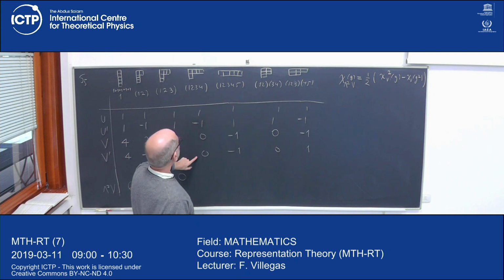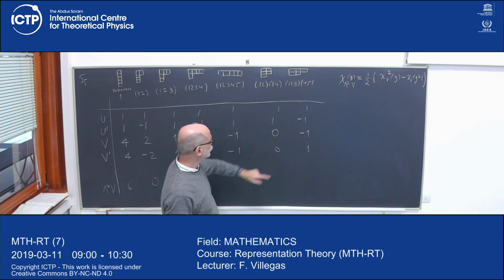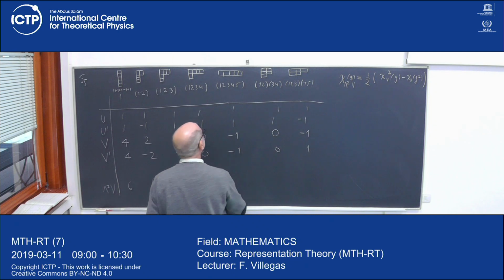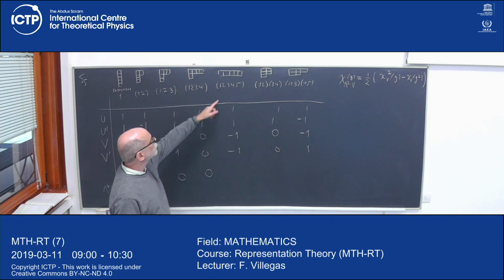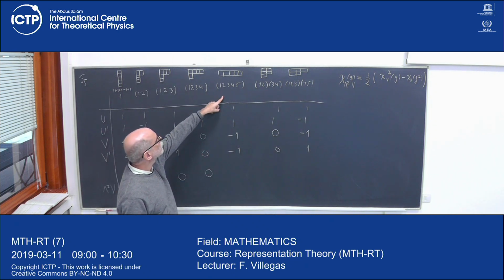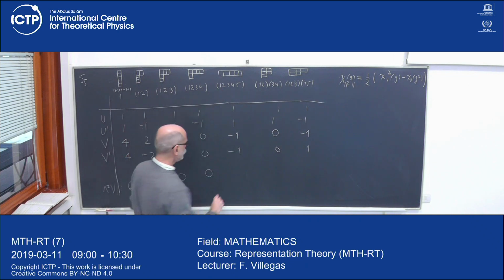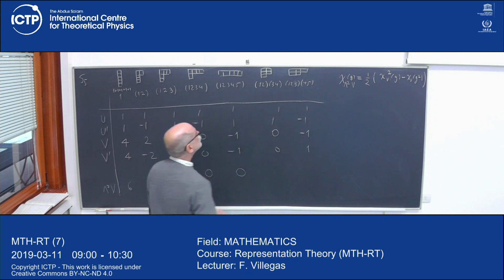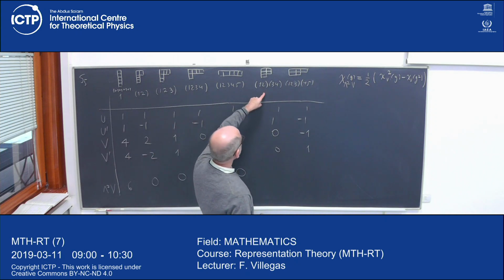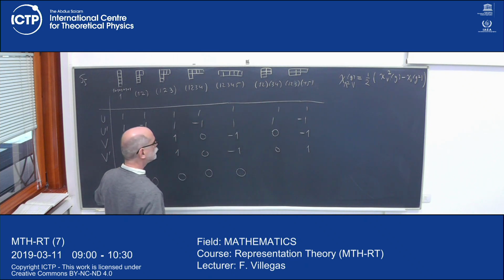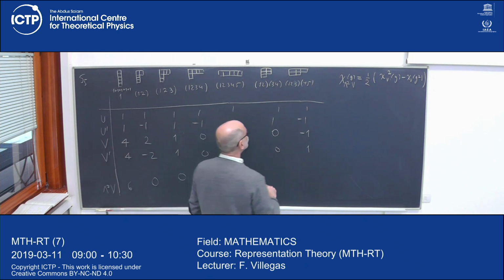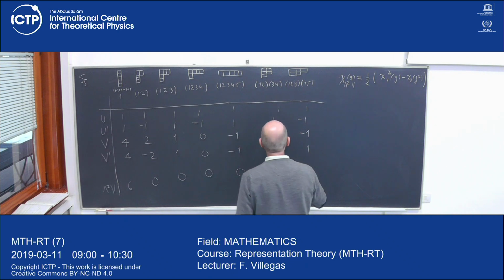So we do 0 squared minus 0, it's again 0. For the 5 cycle, again, the square of a 5 cycle is a 5 cycle. So we get 0 again. For this guy, we get 0, but the square of this is the identity. So we get minus 2.